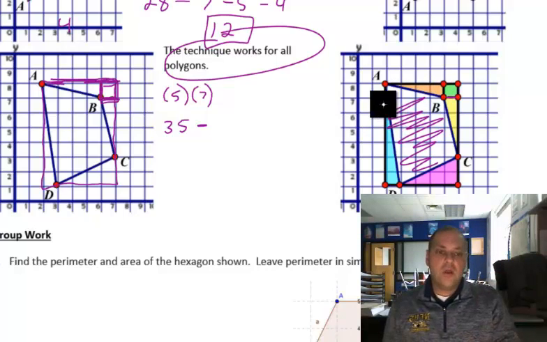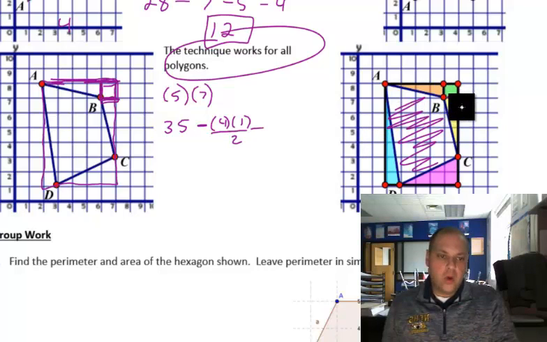All right, so orange is 1, 2, 3, 4 by 1. So that's 4 by 1 divided by 2. And then the yellow is 1 by 1, 2, 3, 4. So that's also 4 by 1.